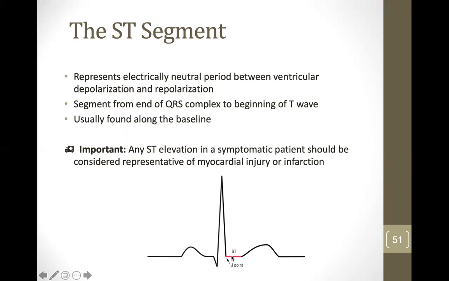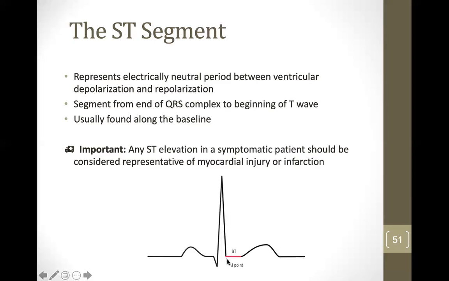When this is not at the same level as the baseline, there's something going on in the heart. If it's elevated and above the baseline before the T wave and then comes back down to the isoelectric line, it represents that there is actual injury happening to the heart at that particular time.